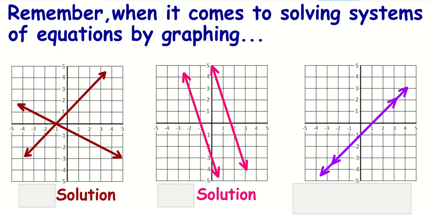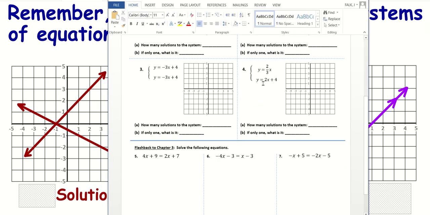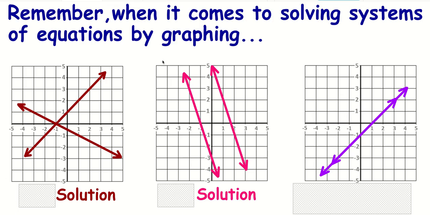So the bell ringer, especially if you have this paperwork, right? Before we get to these questions, I suppose that this is not on your paper. It's not literally on your paper.